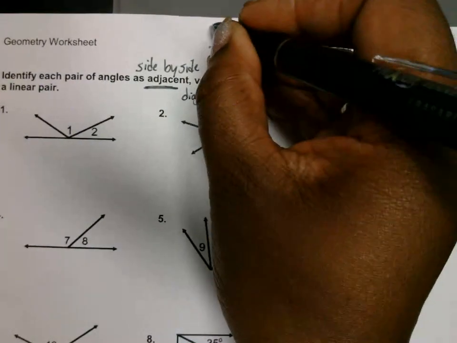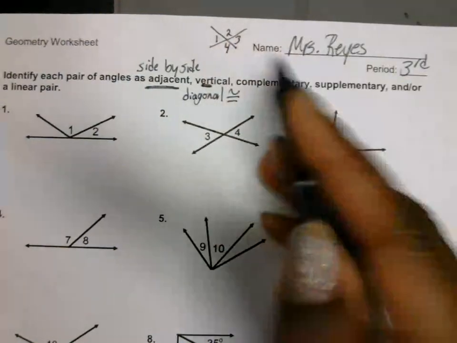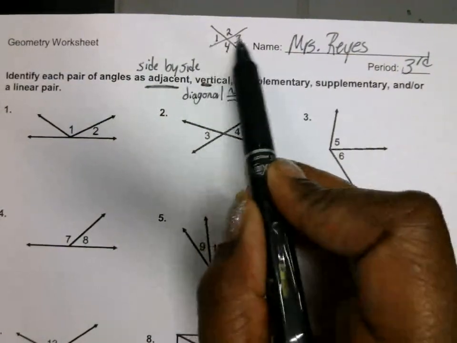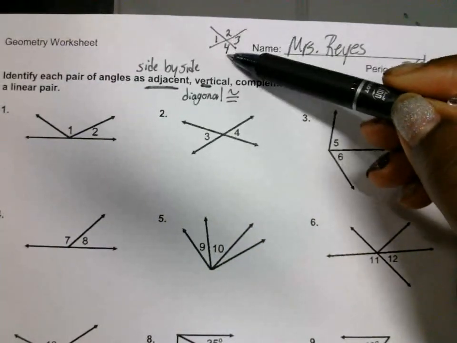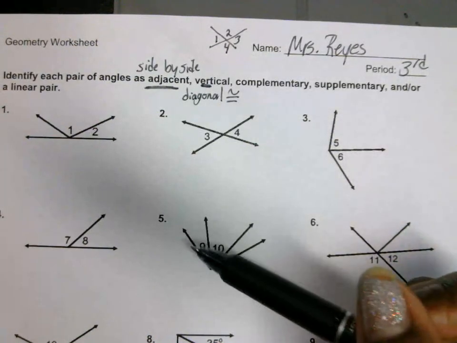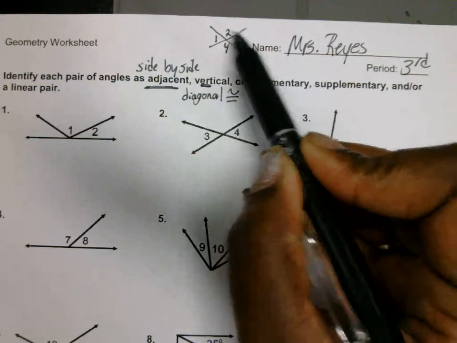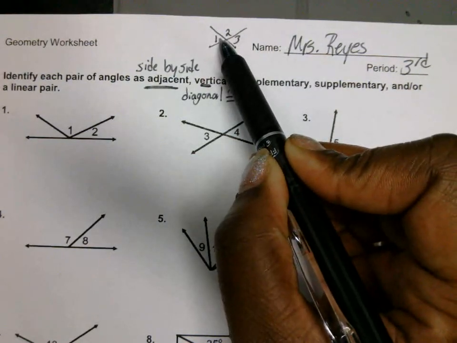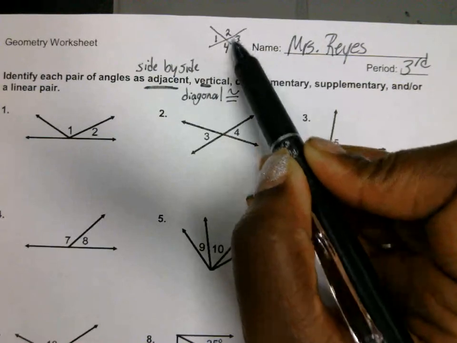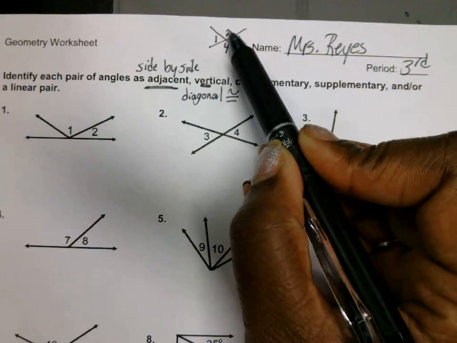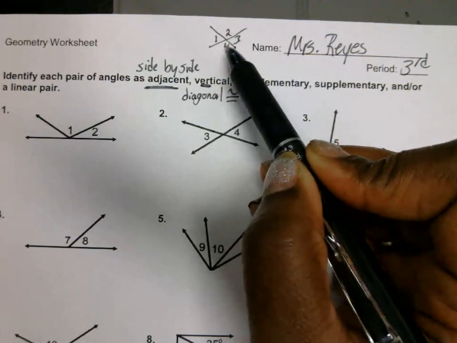So look, 1, 2, 3, 4. 1 and 3 are vertical. 2 and 4 are vertical. That means if this is 30 degrees, 3 is also 30 degrees. If 2 is 150 degrees, 4 is 150 degrees.